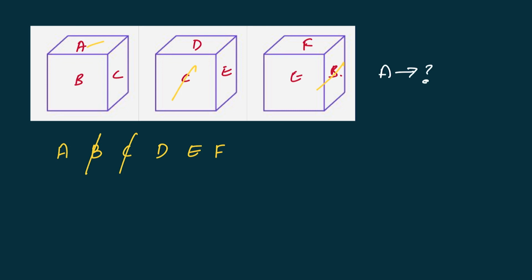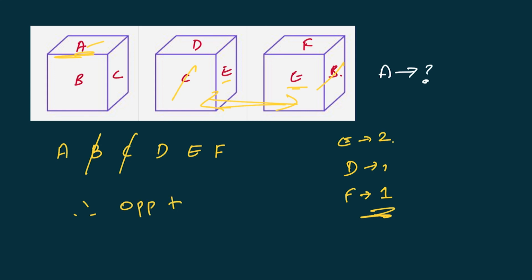Leaving the first dice because it already has A, the other 2 dice do not contain A. You can see here E is repeated 2 times, D we can see only once, and F can be seen once, and therefore we can conclude that the alphabet that is opposite to A is E.